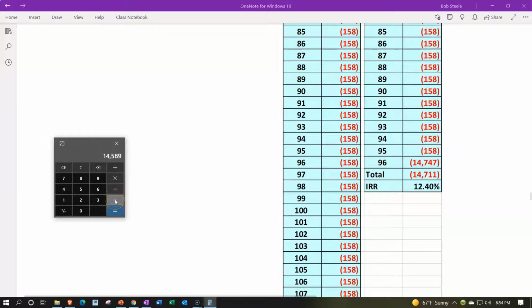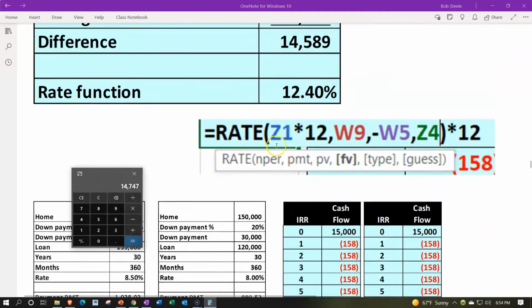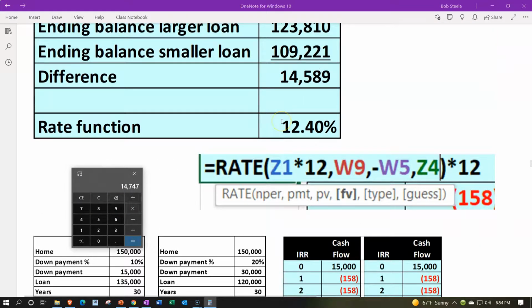So plus the 158, and that would give us our 14,747 at that last period 96. So if we take the IRR there, the rate at which that series of payments would be zero, that cash flow would be zero, would be the 12.4. That 12.4 matching out with the 12.4 we got when we used this calculation up top.